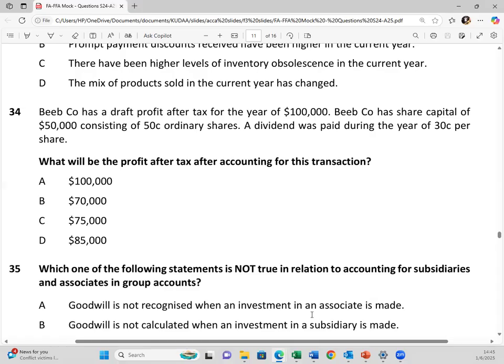In this case, they are asking the effect of the dividend, whether proposed or paid. Neither has an effect on the current year profit after tax, but they reduce our retained profit. So for number 34, the profit after tax will remain 100,000. The profit will not be affected.